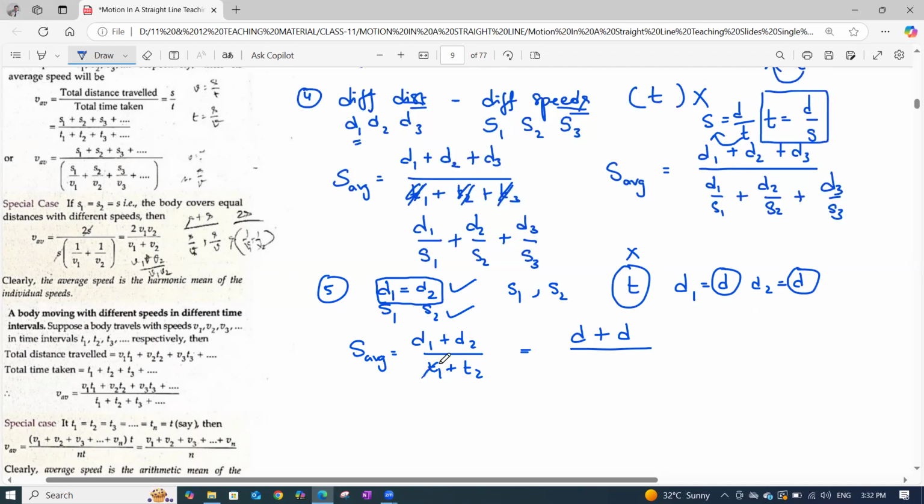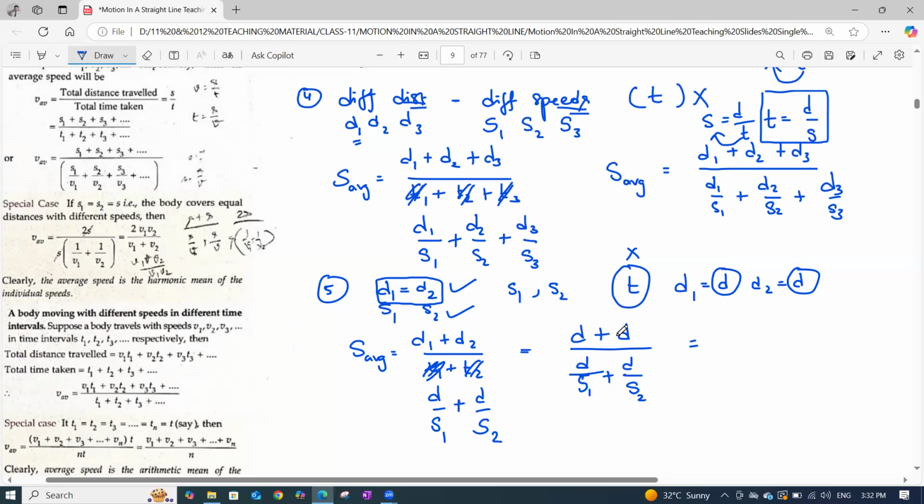Now instead of t1, you can write distance by speed, and instead of t2, you can write distance by speed. For the first, the distance is d and the speed is s1. For the second, the distance is d and the speed is s2. So instead of t1 write d by s1, plus instead of t2 write d by s2.